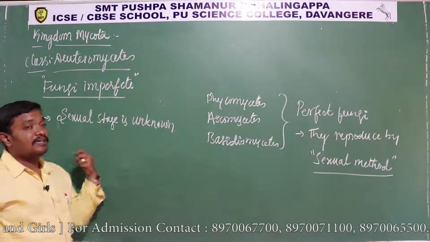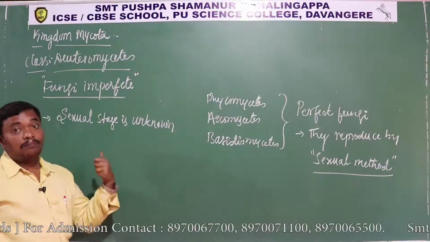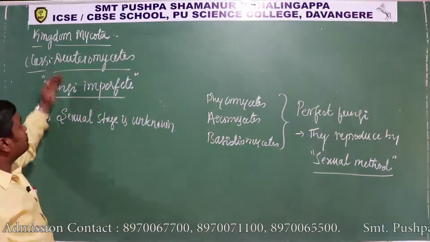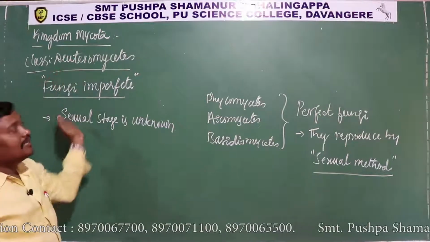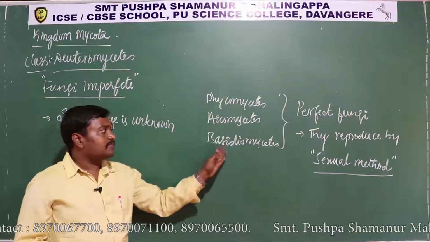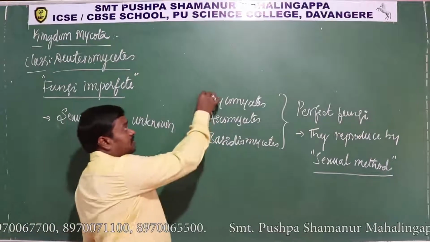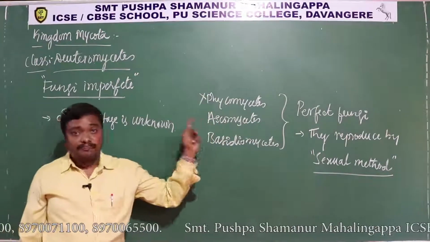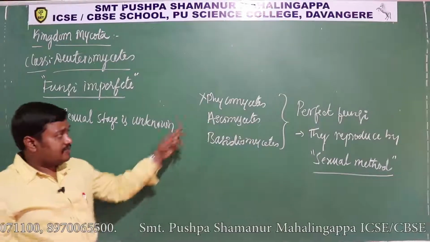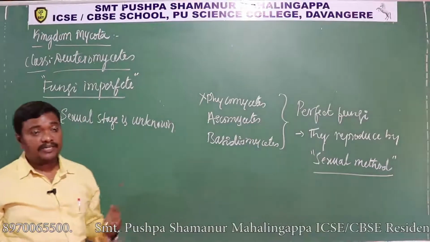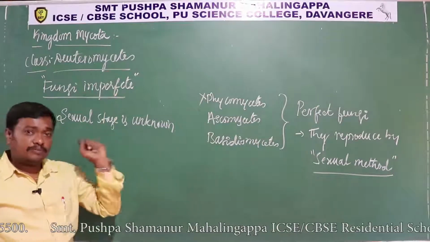So when scientists find out the sexual stage or the perfect stage, they shift these fungi, which were earlier in deuteromycete, into the respective ascomycetes or basidiomycetes, not to phycomycetes, because phycomycete has aseptate hyphae, whereas ascomycete and basidiomycete have septate hyphae, and deuteromycete also has septate hyphae.